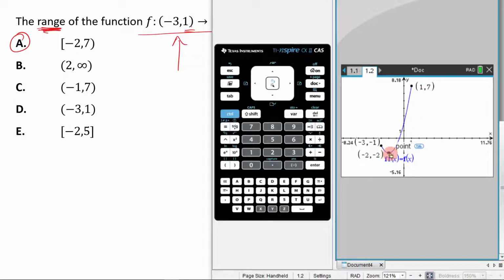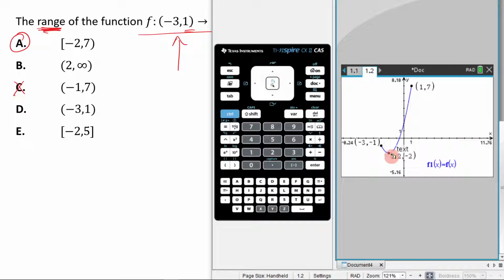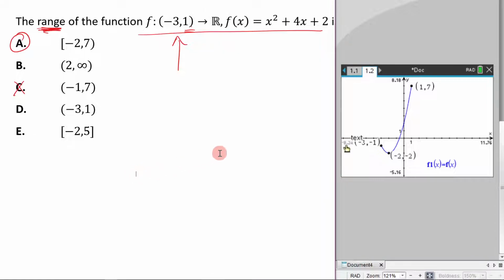Because they would totally forget that the lowest y value is given by the turning point and instead just go from this point to that point. But as you can see, this isn't your range. Your range isn't -1 to 7. That's what they're trying to trick you by including that there. You need to figure out, hey, I'm actually going down to this minimum and all the way up. So that's just something you need to be aware of as to not be tricked.